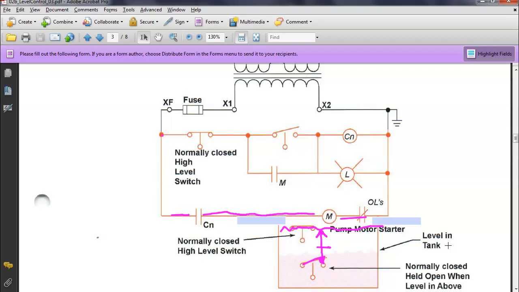So this is very similar to some of the circuits you hooked up in motor control. Here, instead of using push buttons up there, we're using what? We're using sensors instead of push buttons, but it works exactly the same way. So this is a level control, right?